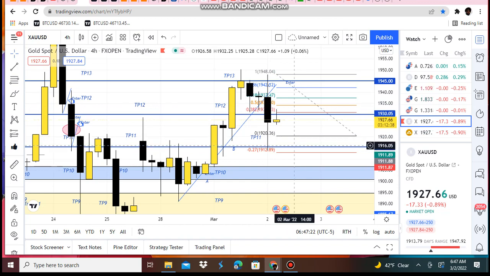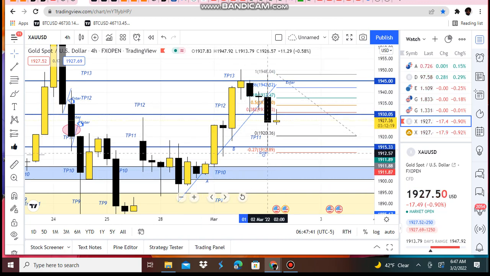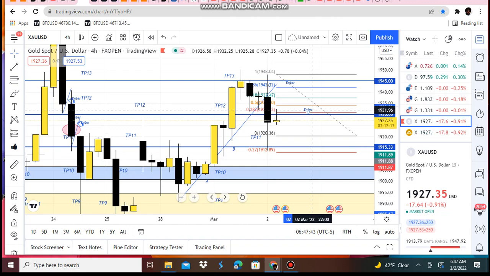Let price push back up to 0.382, might push back up to 0.5, and once price gets up to 0.382, 0.5, you could have rolled this back down from 1933, 1930, 0.382, all the way back down to zero. You could have gotten another entry, boom, right at 0.382.